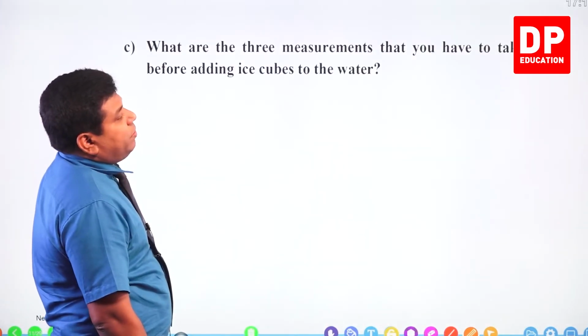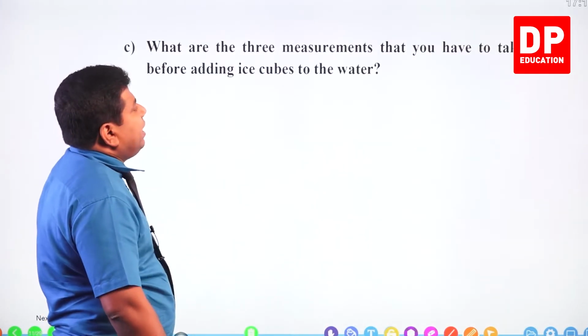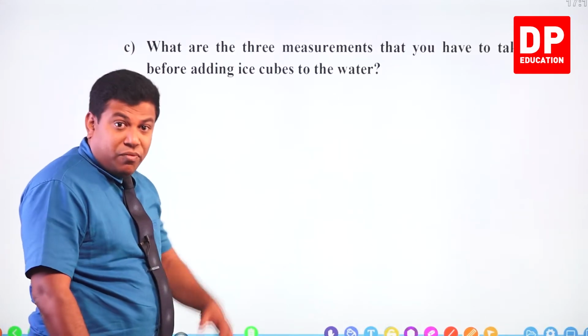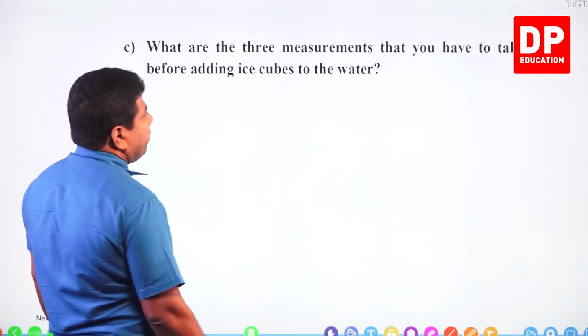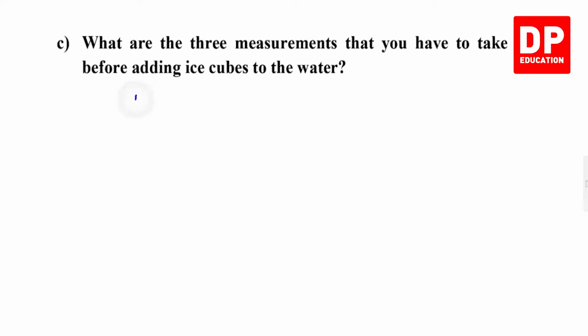What are the 3 measurements that you have to take before adding ice cubes to the water? Before adding to the water, 3 measurements. 1, mass of calorimeter with stirrer.